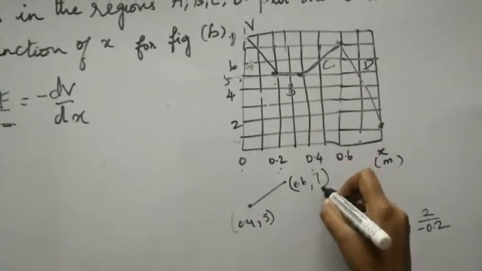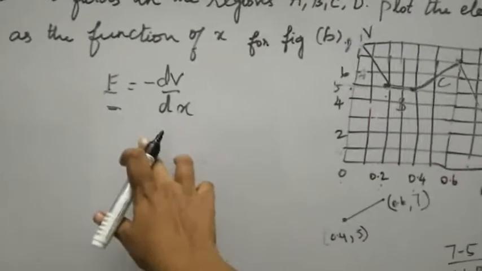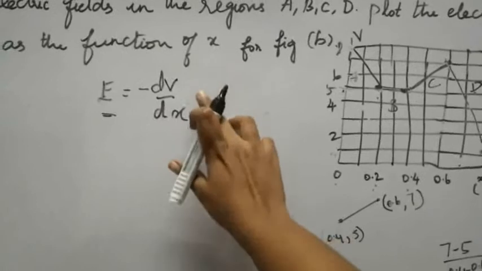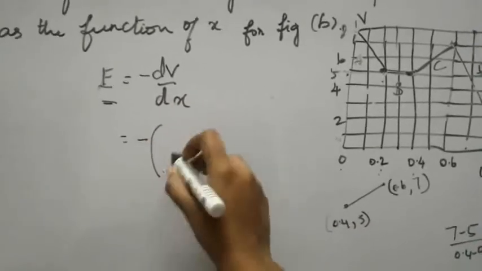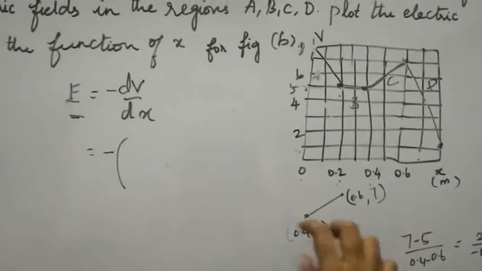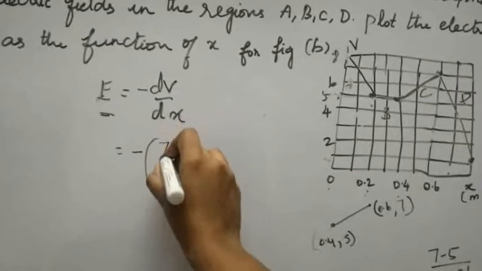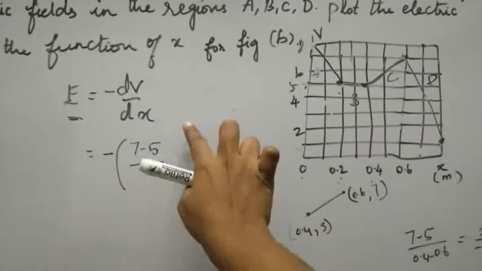So you have to find the electric field value, which is change in the y-axis by change in the x-axis. So it is minus of the change in the y-axis, final value minus initial value, so 7 minus 5, divided by the change in the x-axis.